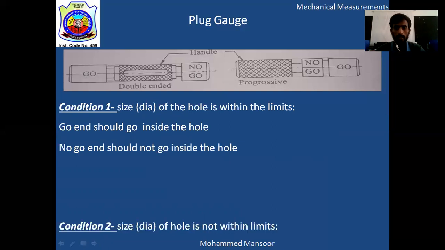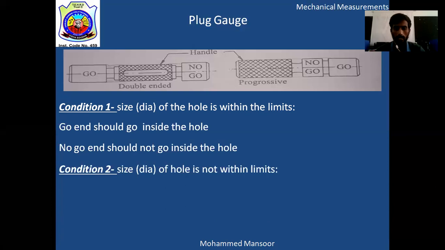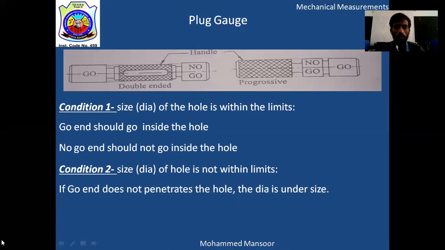Second scenario, or condition: if the dia of the hole is not falling within the limits, then what happens? The go does not penetrate. If go does not penetrate, the dia of the hole is undersized. The size is small.